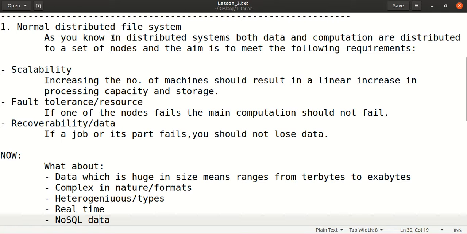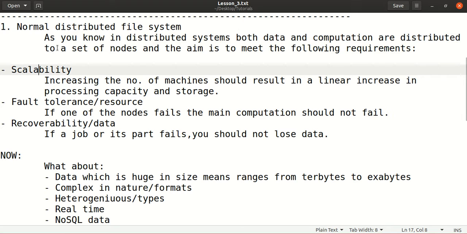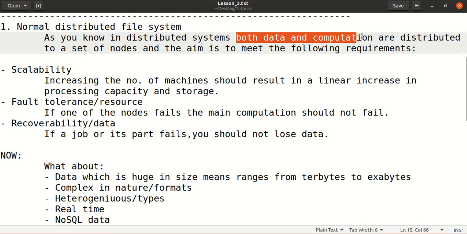As you know, in distributed file systems, both the data and computations are shared or distributed to a set of nodes, and the aim is to meet the following requirements. This is the main purpose of distributed file system. There we share both the data and computation.